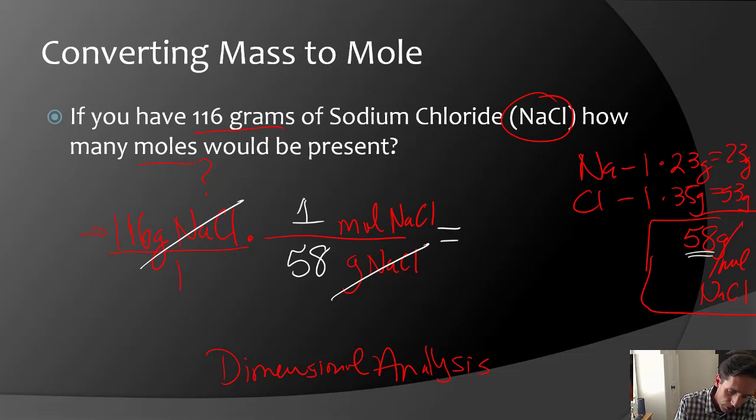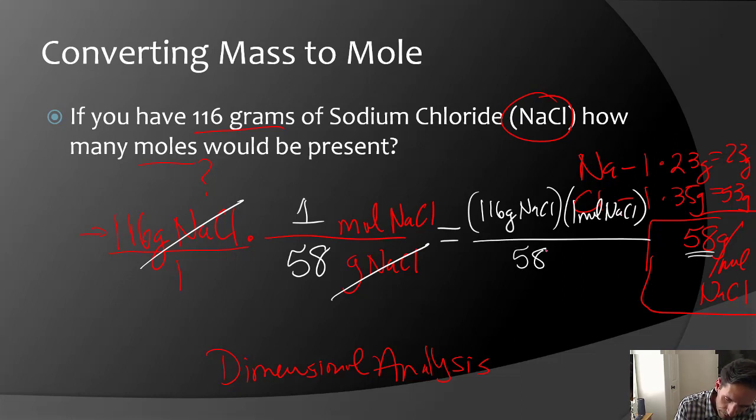So if we do the math here, we take 116 grams of NaCl times 1 mole of NaCl divided by 58 grams of NaCl.